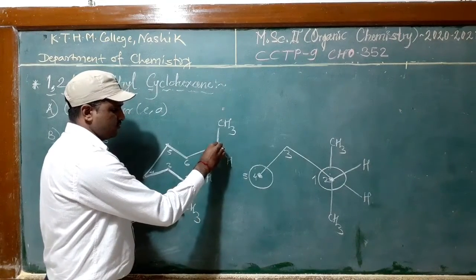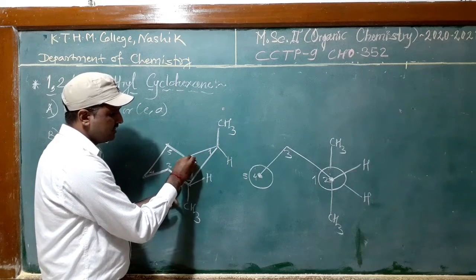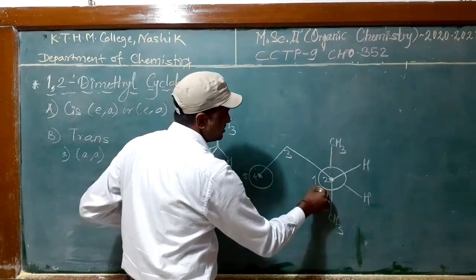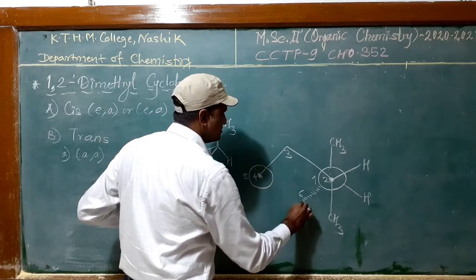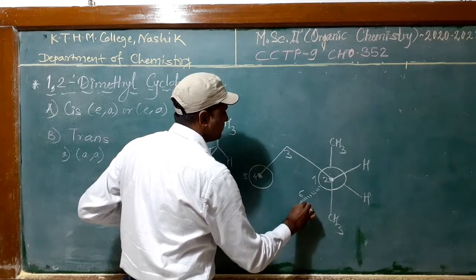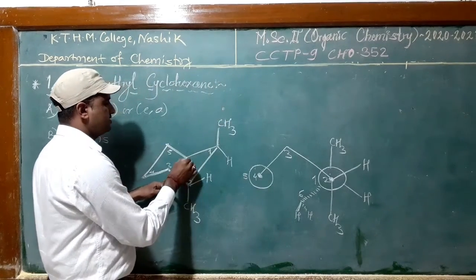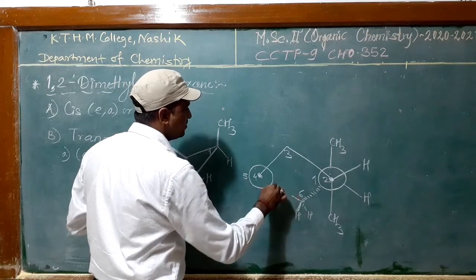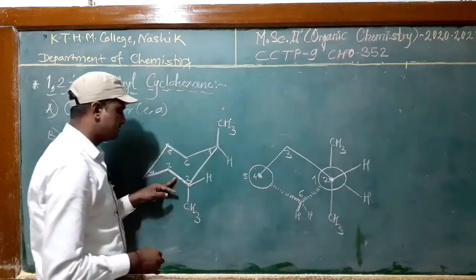From the downward direction, left hand side, it is connected with the next carbon, carbon number 6. This carbon number 1 is downwardly connected to carbon number 6, like this. And this carbon 6 is next connected to carbon number 5, which is the backside carbon of carbon number 4, in this way.